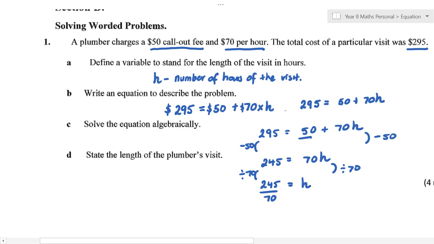Now, do you think we could simplify this any further? Yes. Okay. Well, let's think about it this way. What about if I was to divide this by 5? What would that give me? Let's say 49 maybe. Would it be 49? How many times does 5 go into 245? 5 times 40 is 200.